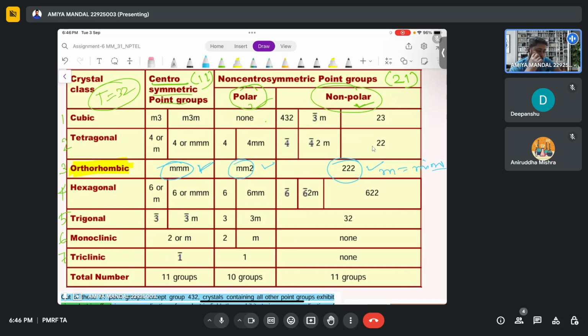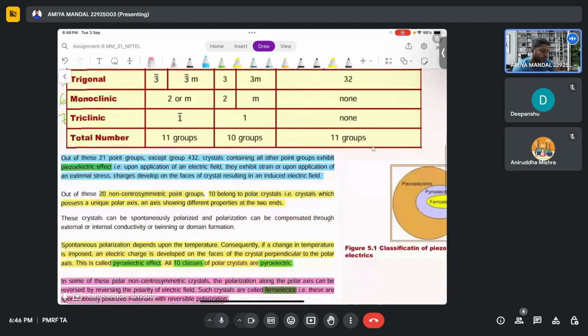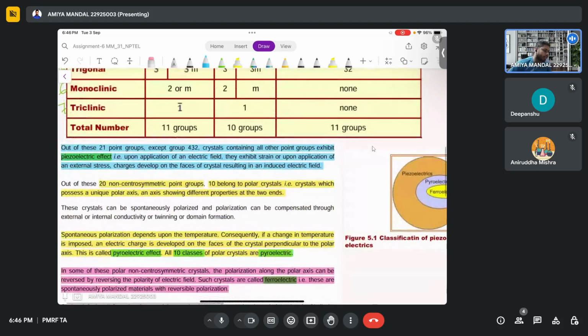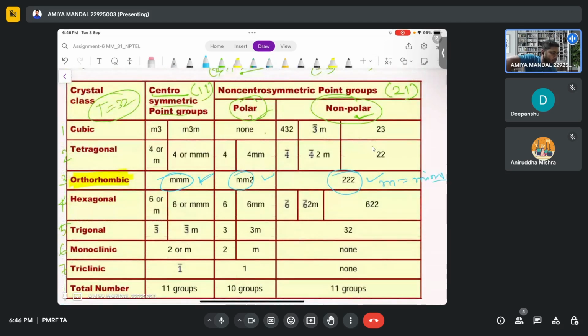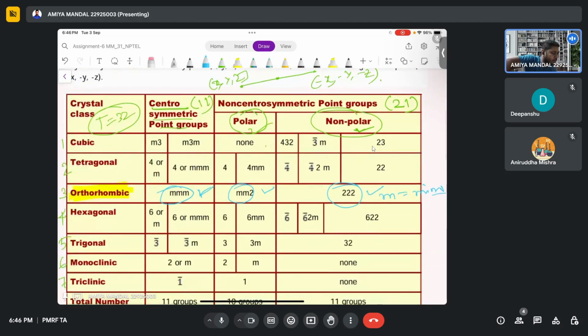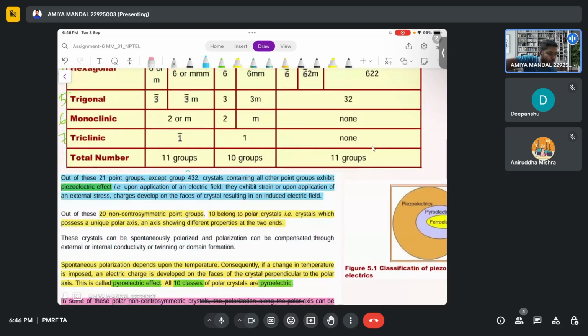Based on this, there is another piece of information: among the 21 non-centrosymmetric point groups, one point group, 432, from the non-polar cases is not considered, and all other 20 point groups exhibit the piezoelectric effect.